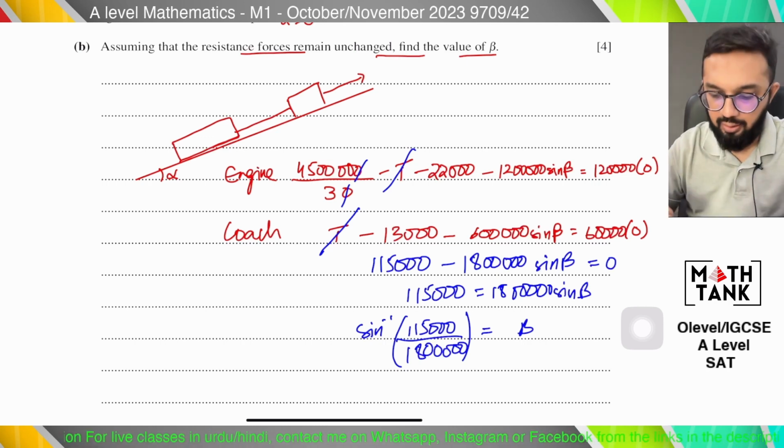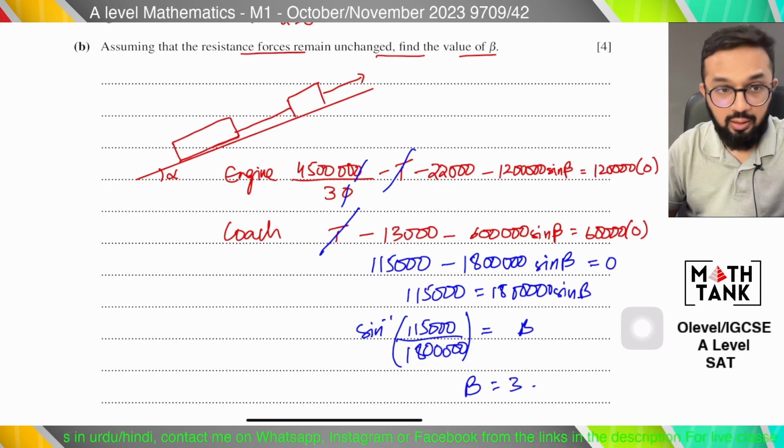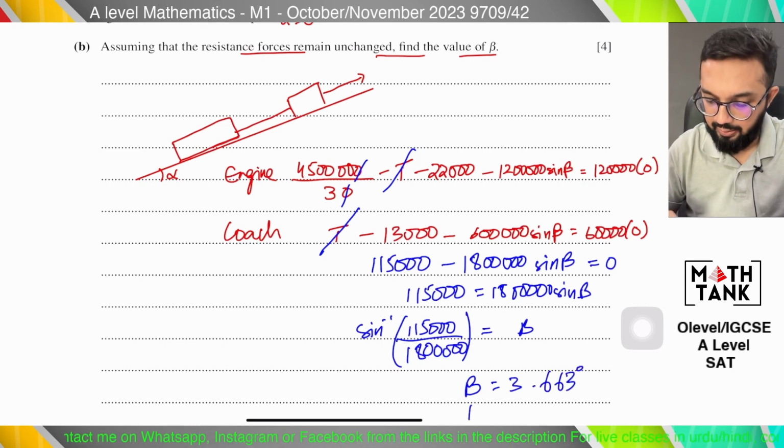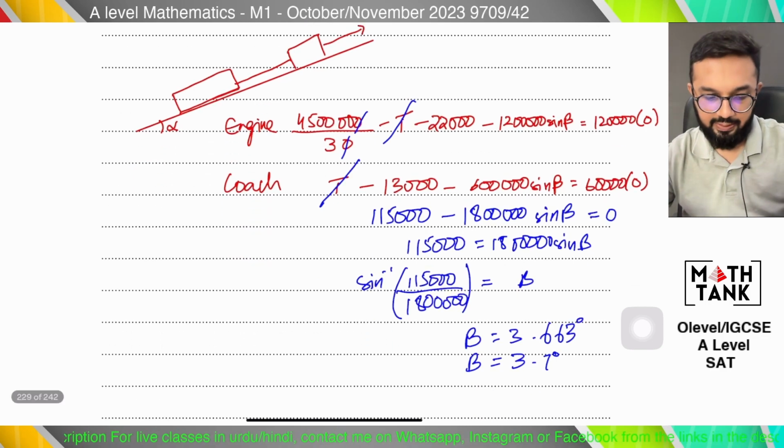Doing this gives me 3.663 degrees, so beta is 3.7 degrees because answers in degrees are correct to one decimal place.